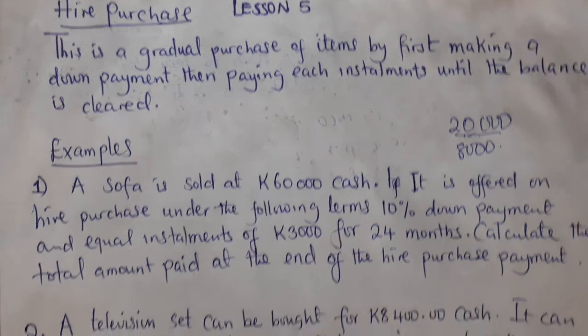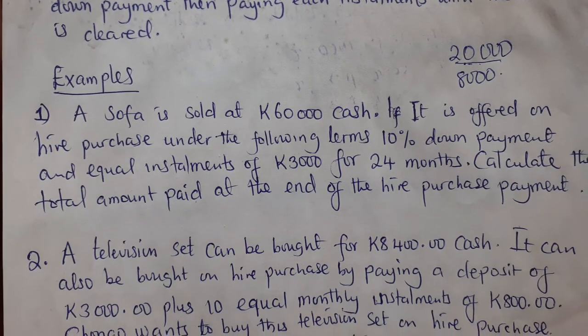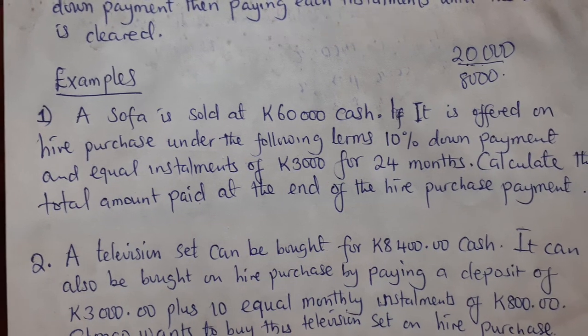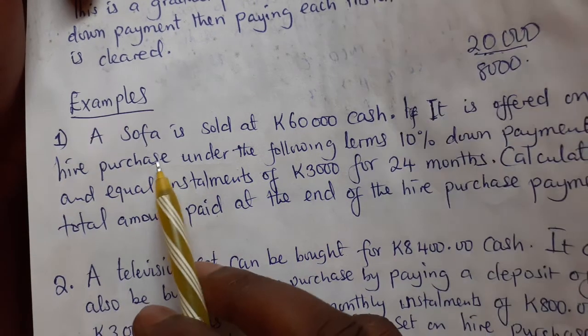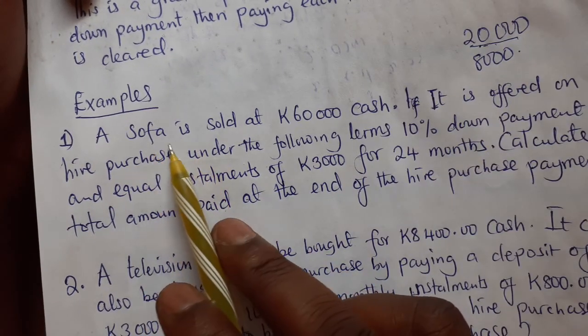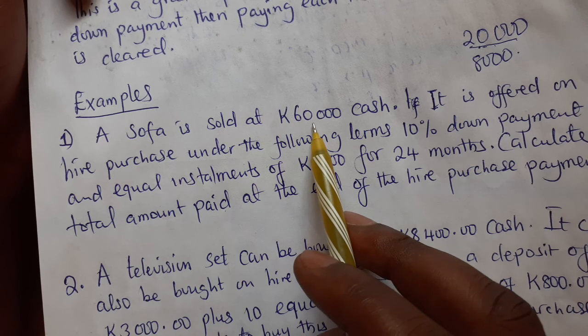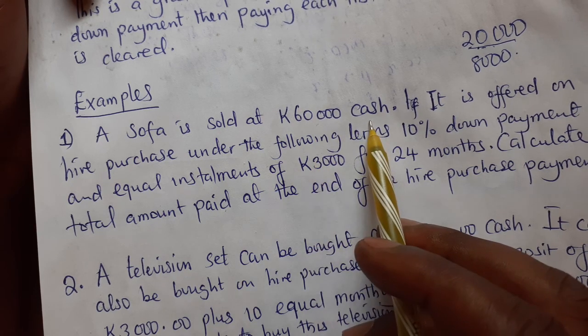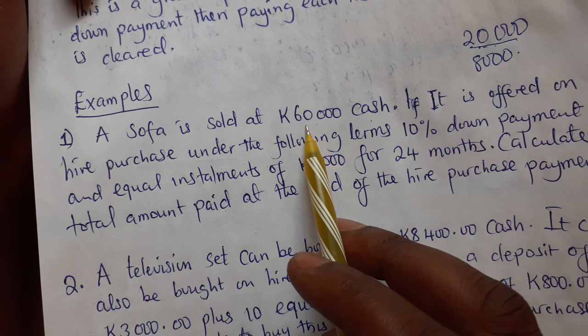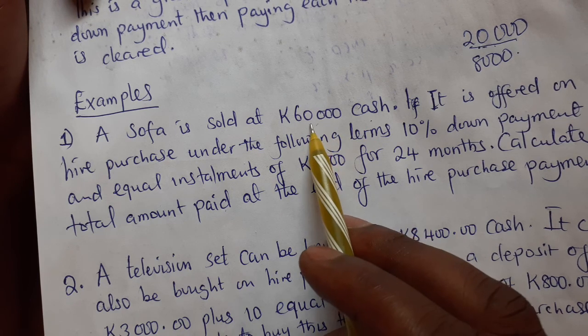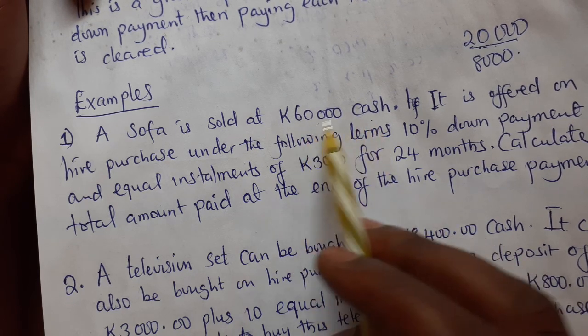So now we have an example here. We have 3 examples. So we can look at the first example. A sofa is sold at 60,000 cash. If you want to buy the sofa, you can pay 60,000 kwacha cash.